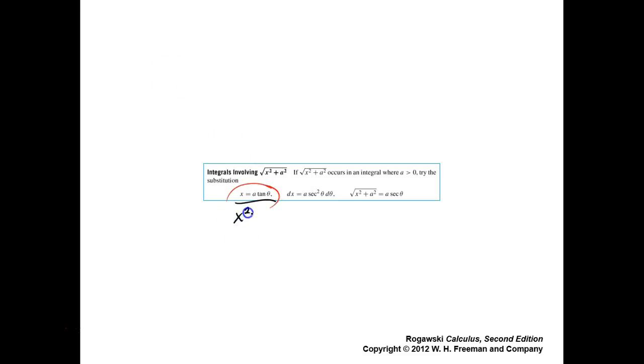What would x squared be? It's what? A squared tangent squared theta. And then what would x squared plus a squared be? A squared tangent squared theta plus a squared.